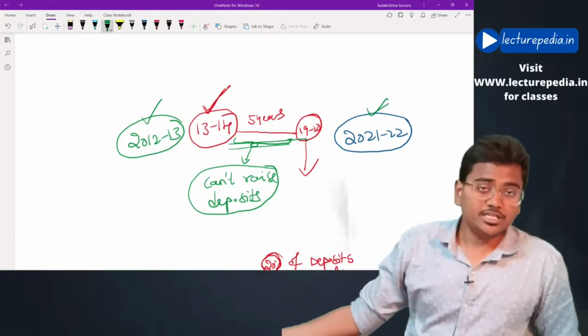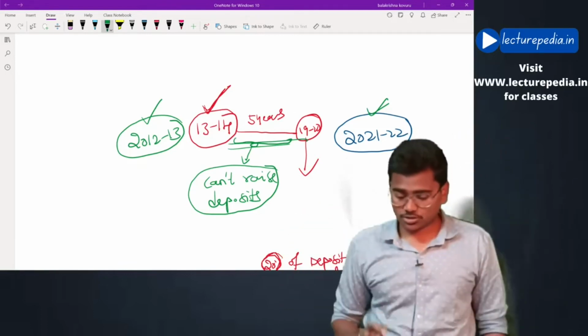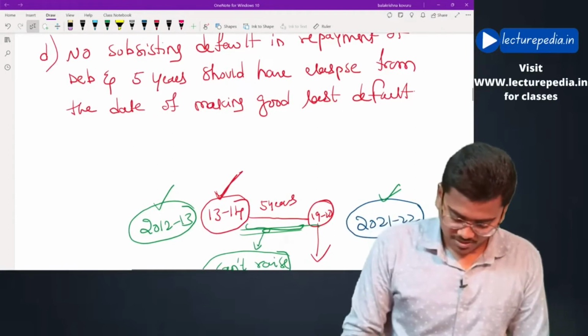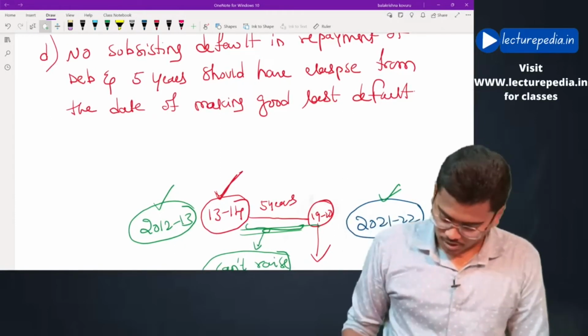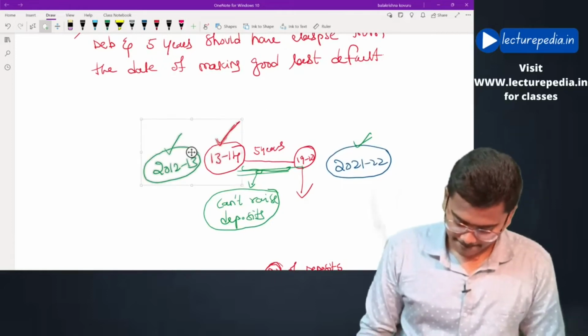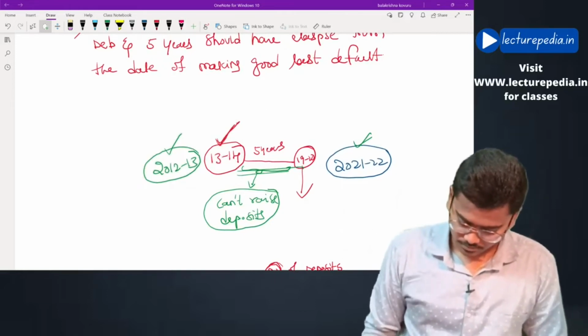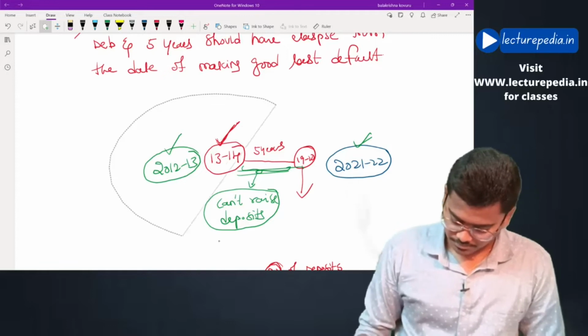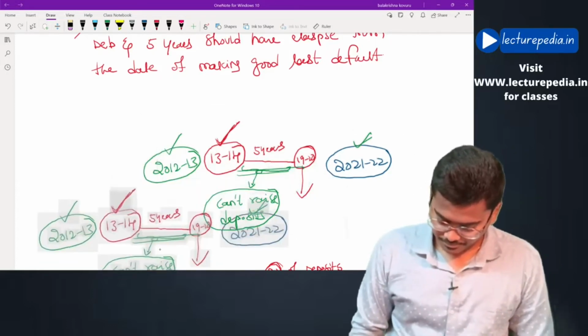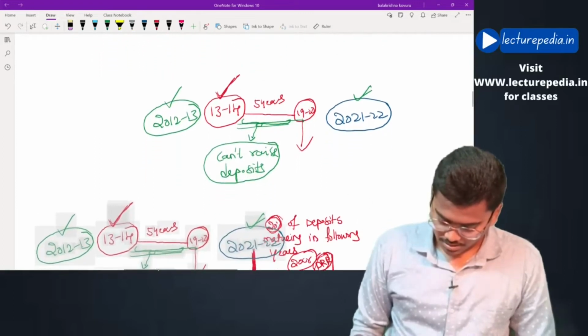There will not be any issue. Hope you understood this example. That was our fourth condition, and we are left with the final condition. Just a second. Let me drag this here.